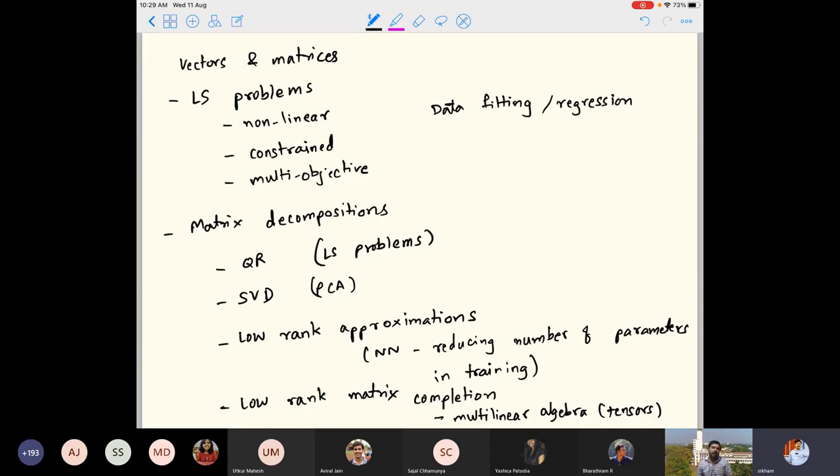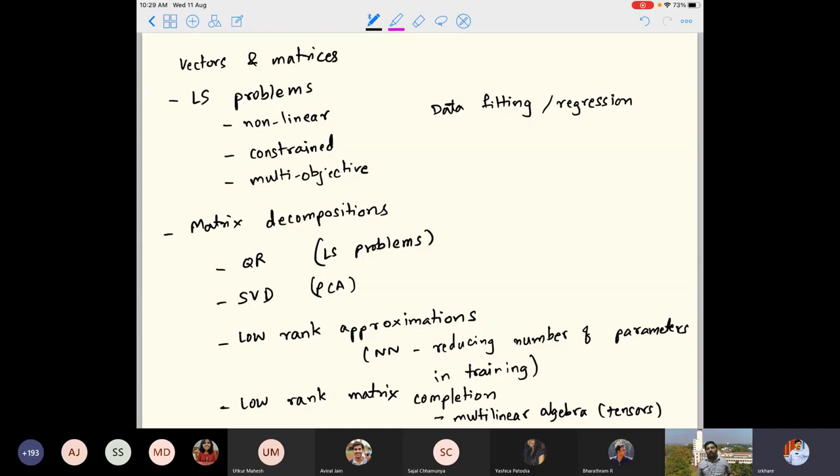So the general idea is, there are mainly two important topics in this course. One is the least squares problem, and one is matrix decompositions. Though I have segregated these two problems separately, I will mix them in teaching, because there are various things that I will like to introduce before we start talking of these problems.